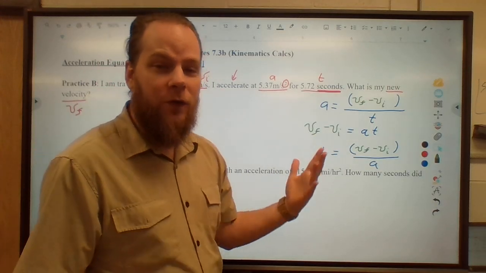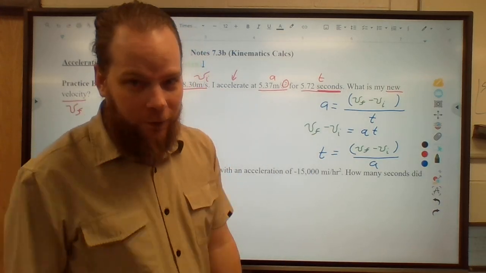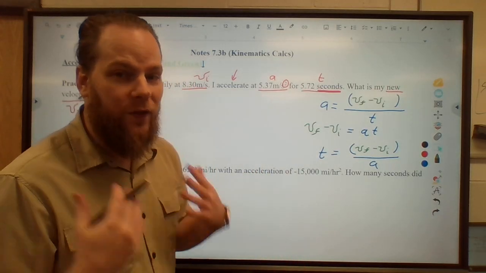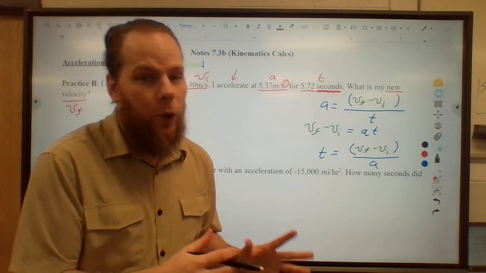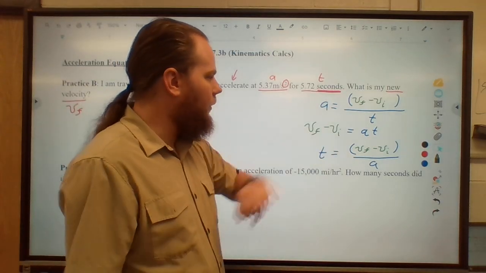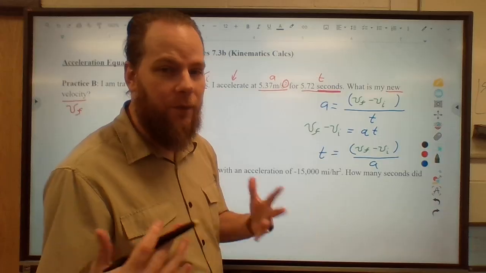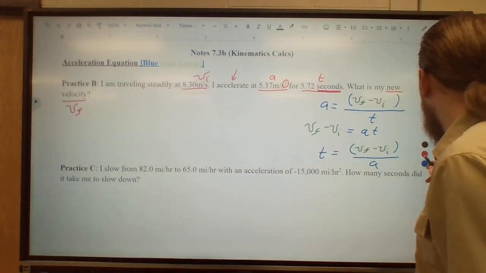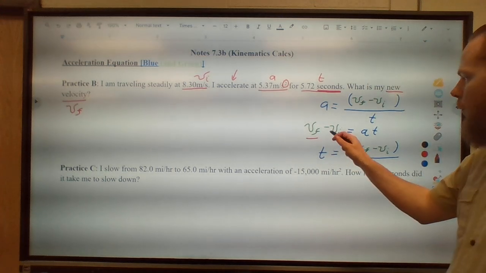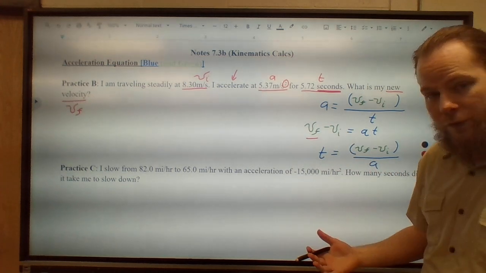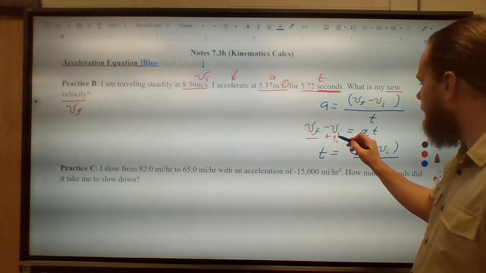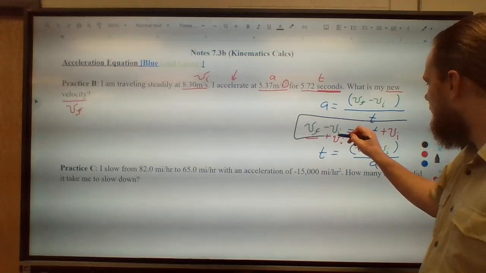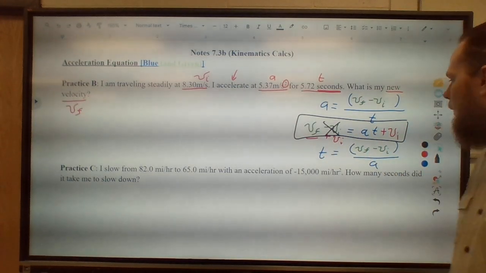However, while none of these is solved for Vf specifically, there is one that is solved for Vf minus Vi. So the middle equation here is solved for Vf minus Vi. Vf is the thing that we actually want, so if we move Vi to the other side before we start plugging stuff in, plus Vi, then this is the equation that we want.